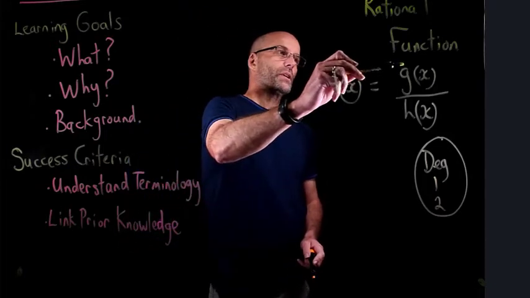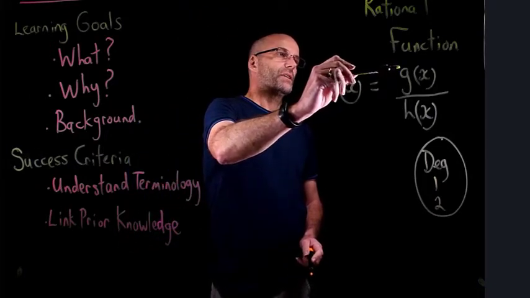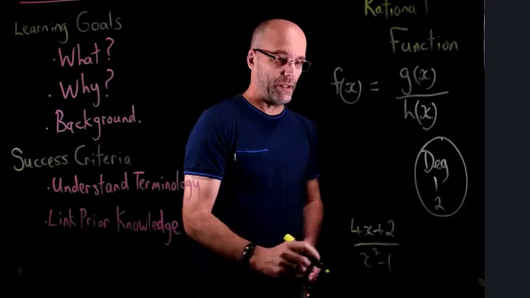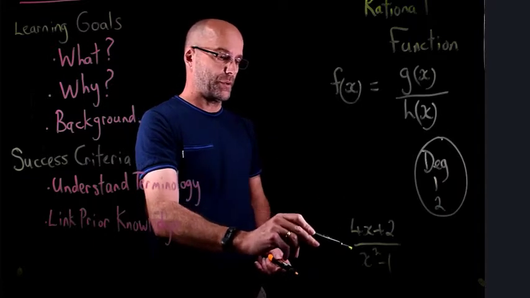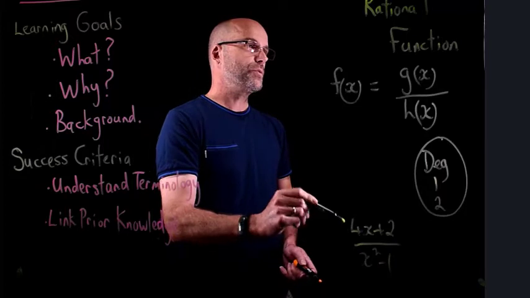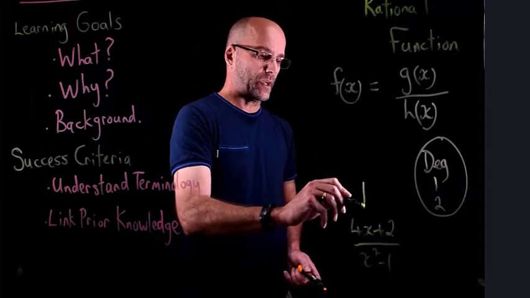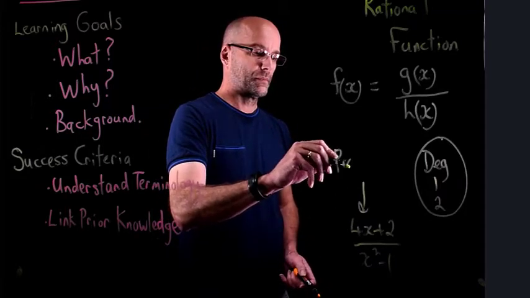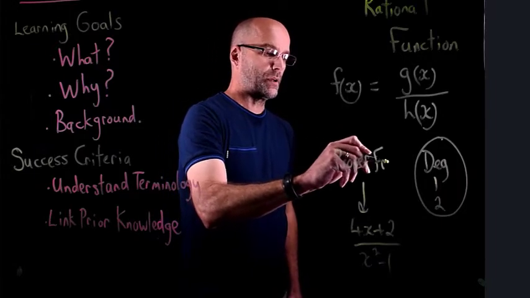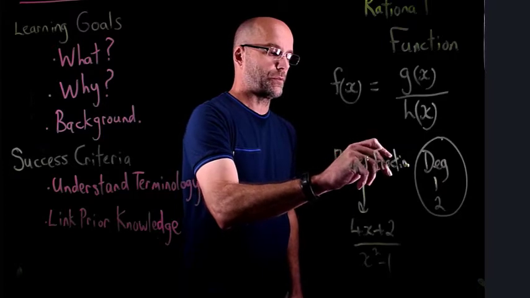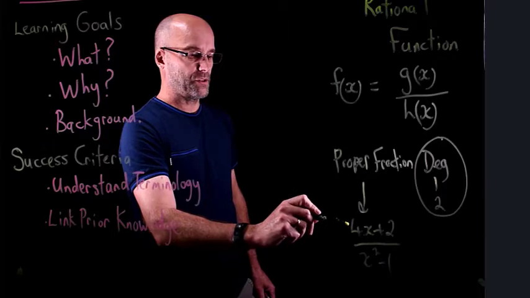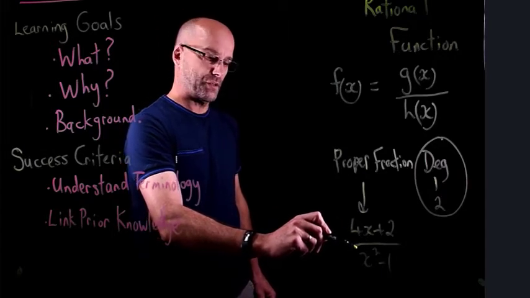So what we're looking at in this one in particular is situations like 4x plus 2 over x squared minus 1. You can see it's a polynomial over a polynomial, and this one is actually a proper fraction, a bit like when you were in junior with regular numerals. It's when the degree of the function on the top is less than the degree on the bottom.